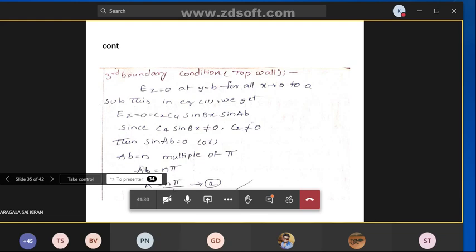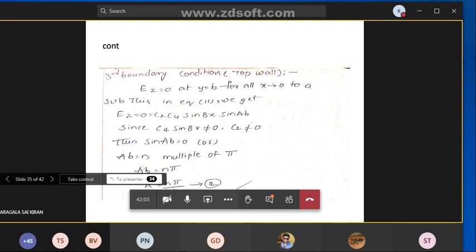Then the equation is C2 C4 sin Bx sin Ay, right? In place of y, we are substituting b. So we will get C2 C4 sin Bx sin Ab.